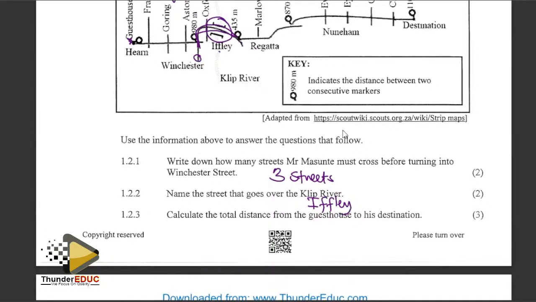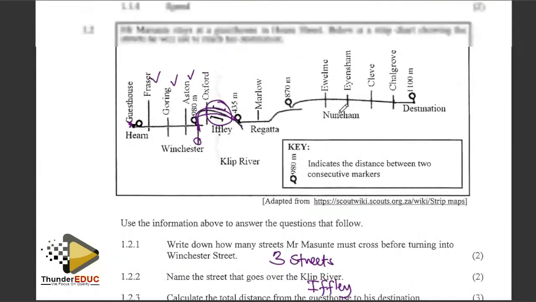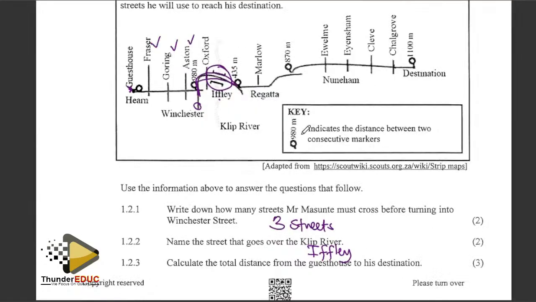Okay, the total distance from the guest house to the destination. Now they're telling you this indicates the distance between two positions. So the distance between this and this, it's this much. From here to there, it's this much. From there to there, it's this much, and from here to there, it's that much. So we calculate the distance.